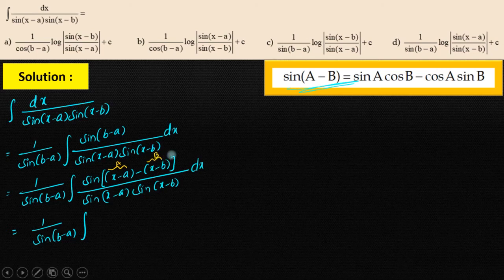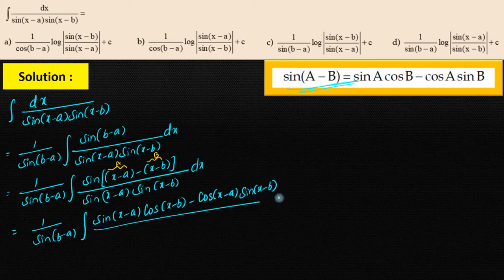Now applying this formula here: sin A, that is sin(x − a), into cos B, that is cos(x − b), minus cos A, that is cos(x − a), into sin B, that is sin(x − b), divided by sin(x − a) into sin(x − b) dx.